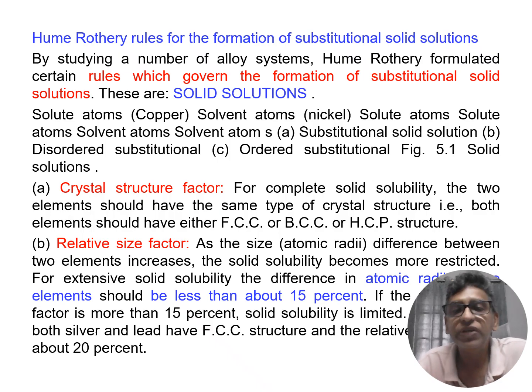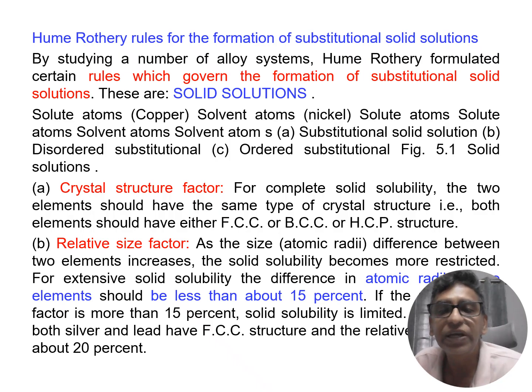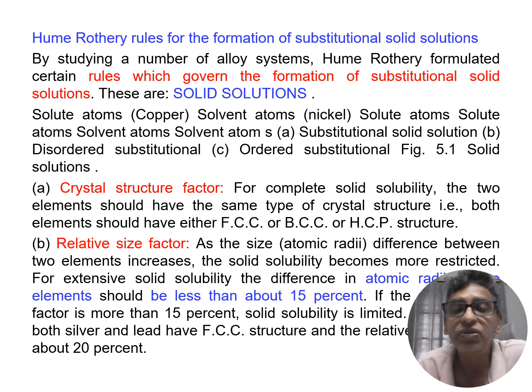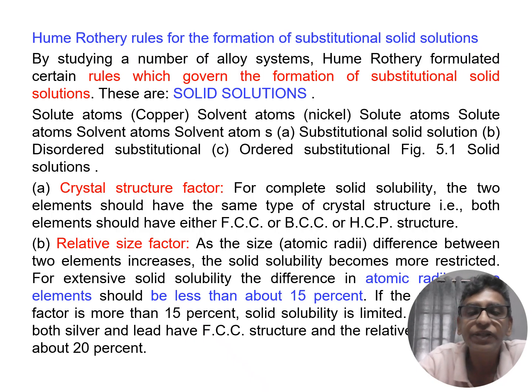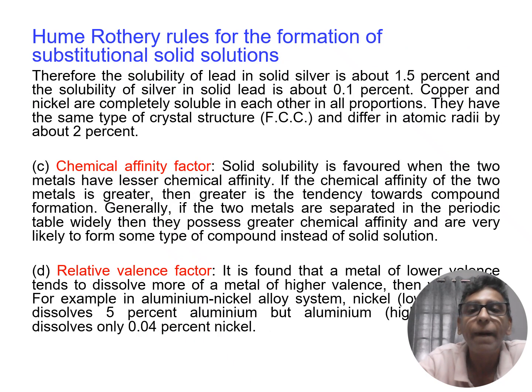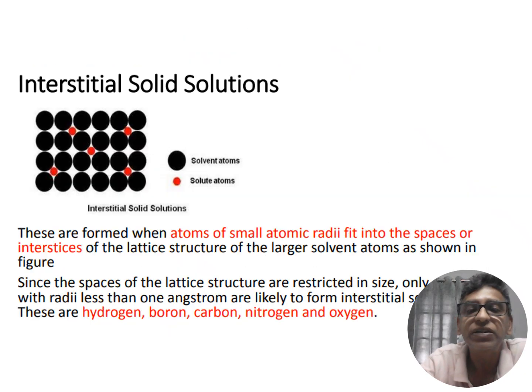Similarly, the relative size factor: as the atomic radius difference between two elements increases, the solid solubility becomes more restricted. It should be less than 15%. Similarly, we have the chemical affinity factor and the relative valence factor.